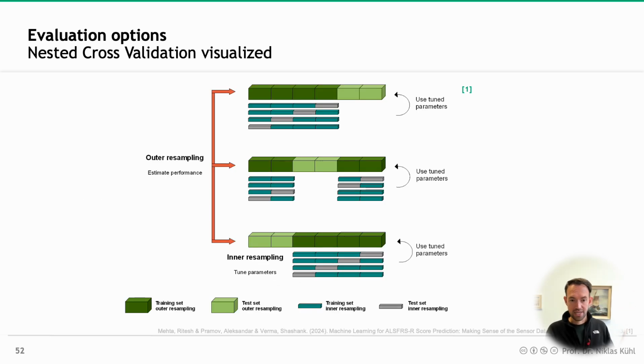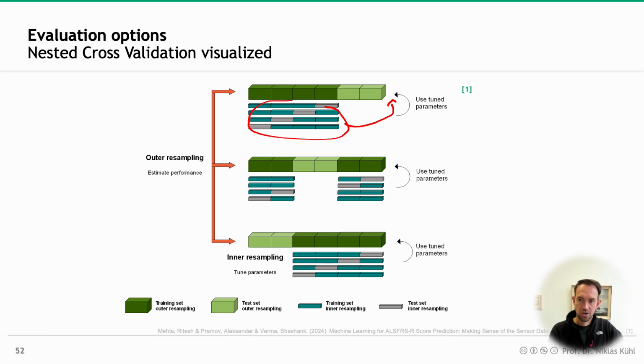And this is a very nice depiction on how that works, how you have these tuning of the parameters in the inner cross-validation, and that is then applied to a previously unseen one on the outer cross-validation, and this is repeated across the board, and by that you get pretty good results.